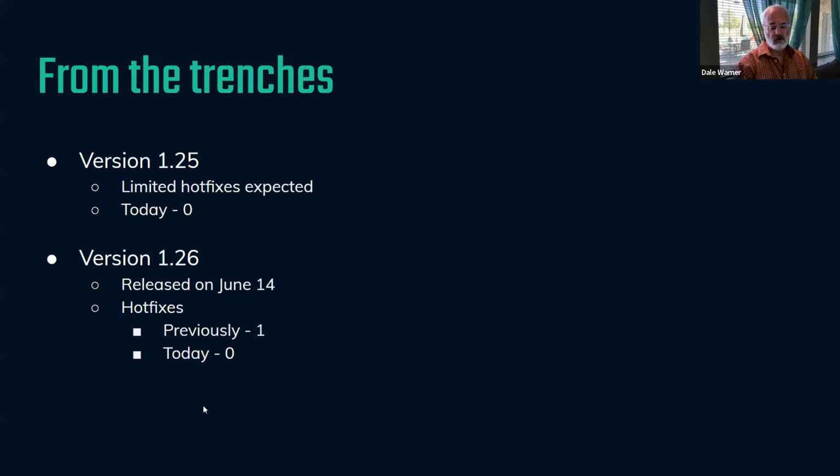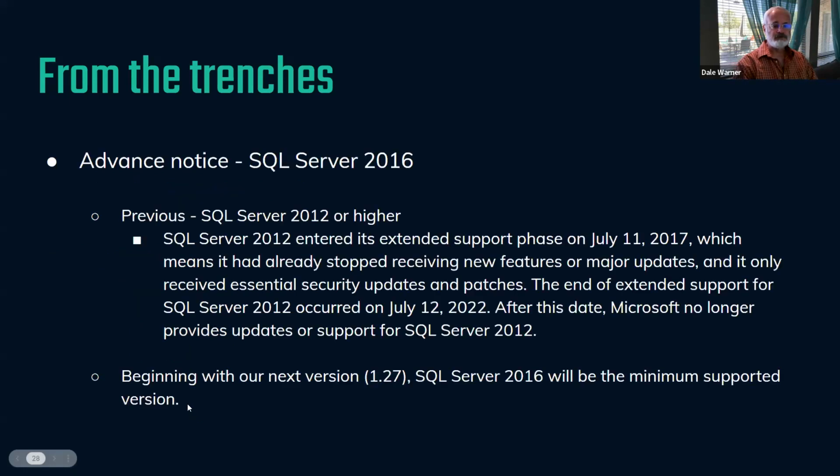We're not using our normal hotfix mechanism because we have an item that touches every area of the product, and it would just be too difficult to install them as individual hotfixes. So anyone using 126, we will let you know by email exactly when this is going to happen. Then when you see it, it's simply a one-click upgrade. But as always, we recommend backups before you do upgrades.